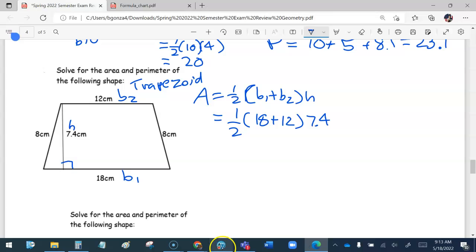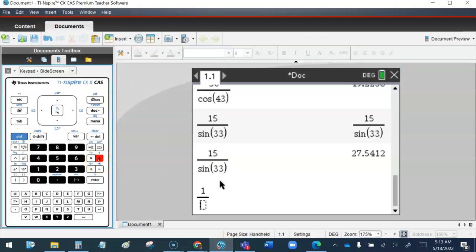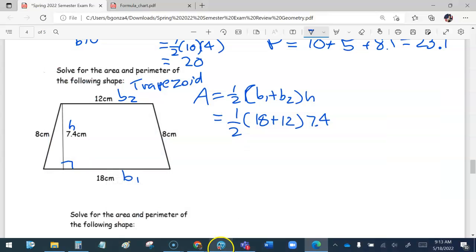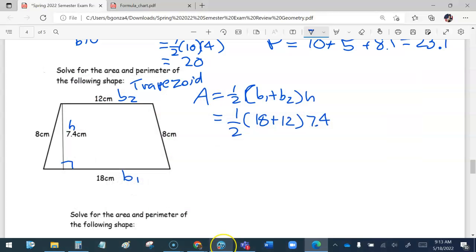So let's type that in our calculator. 1/2 times (18 plus 12) times 7.4. We get 111, and we're talking about centimeters squared because it's area. Area is squared.